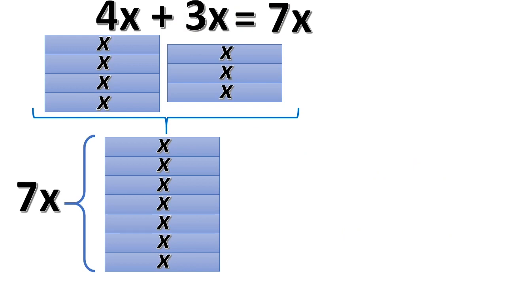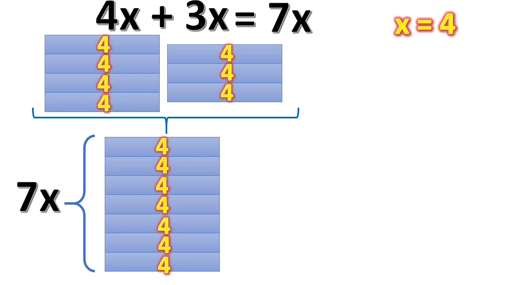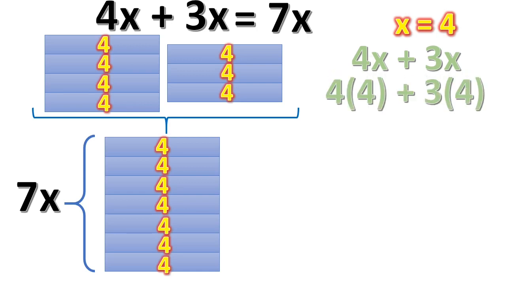Now to show you why this math actually works, let's just put in x is worth 4. So instead of x, I'm going to have all of these be worth 4. If I take my original expression, 4x plus 3x, you can see that when I sub in a 4 for both of those x's and do the math, order of operations, 4 times 4 is 16, 3 times 4 is 12. If I add those two together, 16 plus 12 is 28.